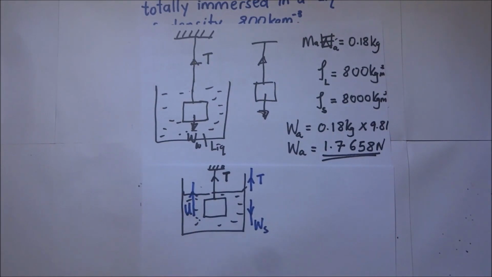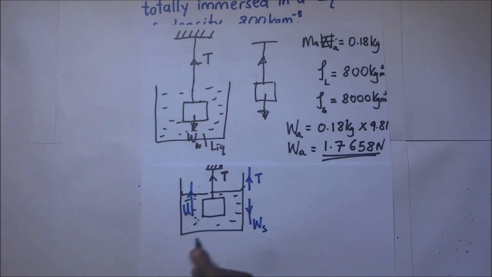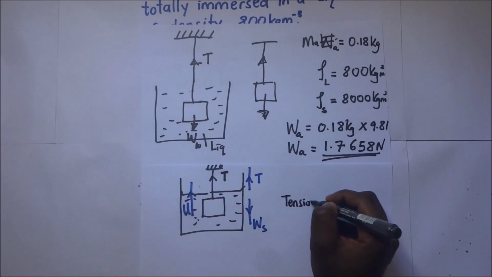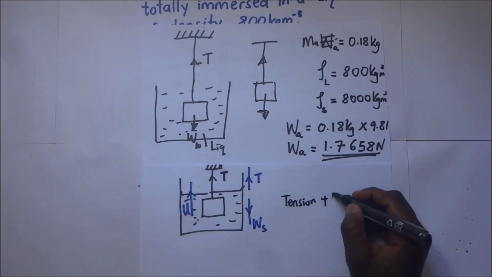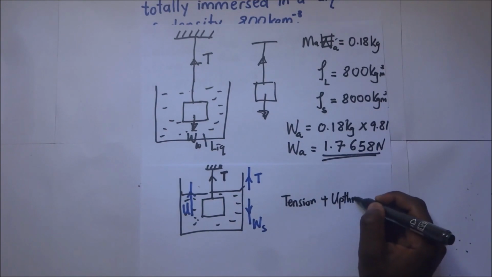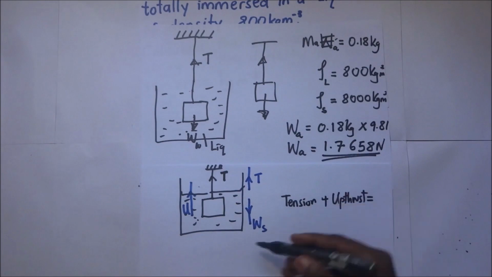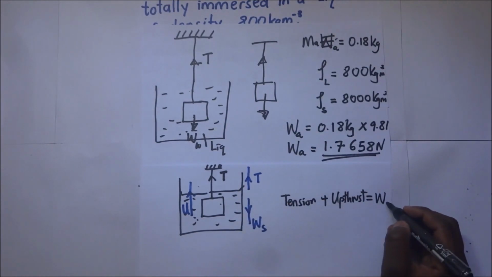So for this to balance up the forces, first of all, the upward forces are equal to the downward forces. So the tension experienced by the string upwards plus the upthrust is supposed to be equal to the total weight of this body acting downwards, the weight of the solid.